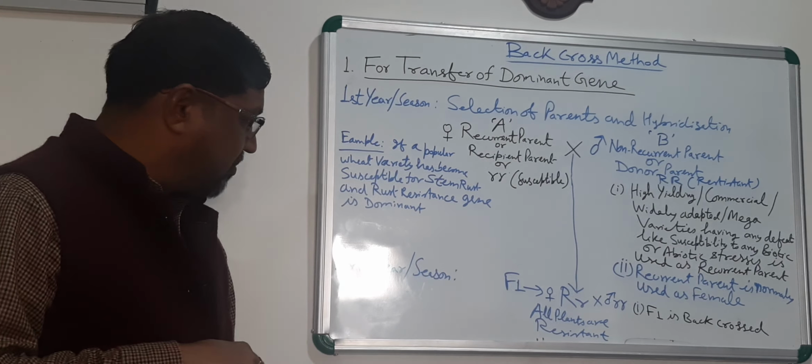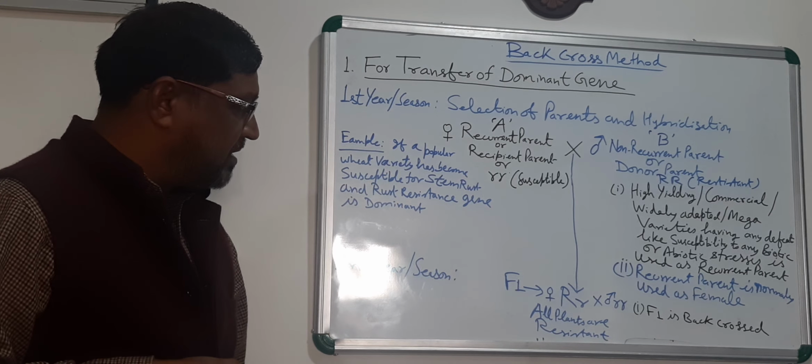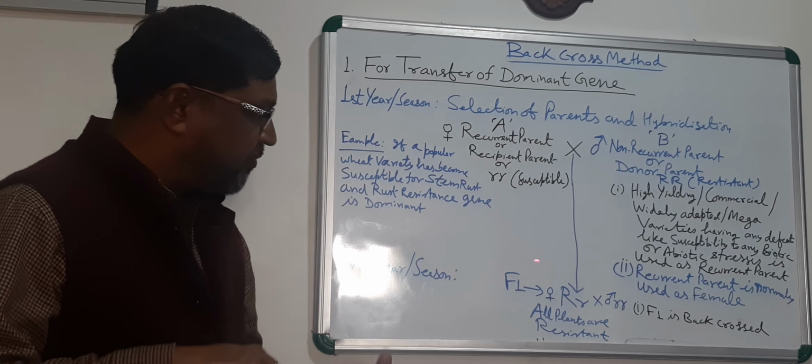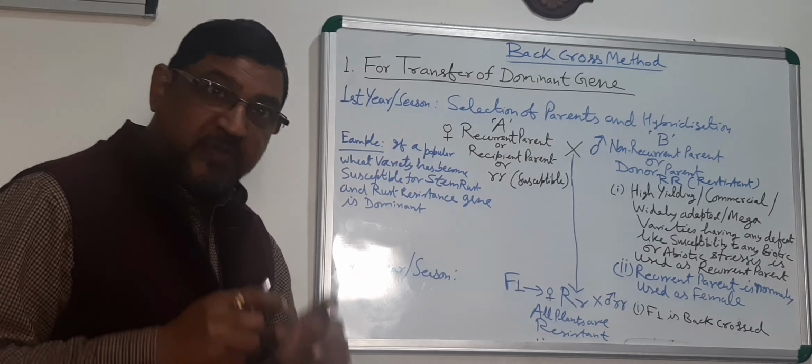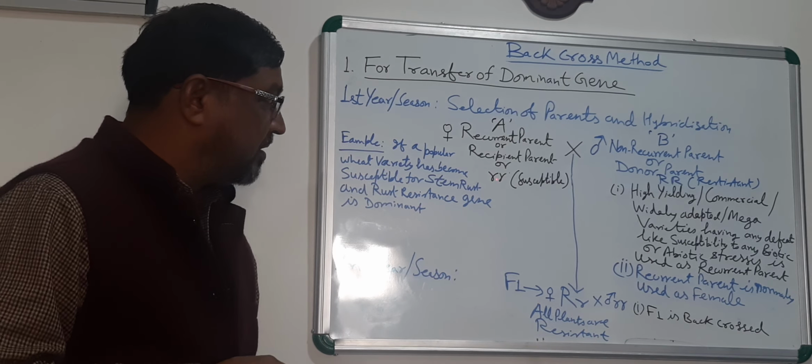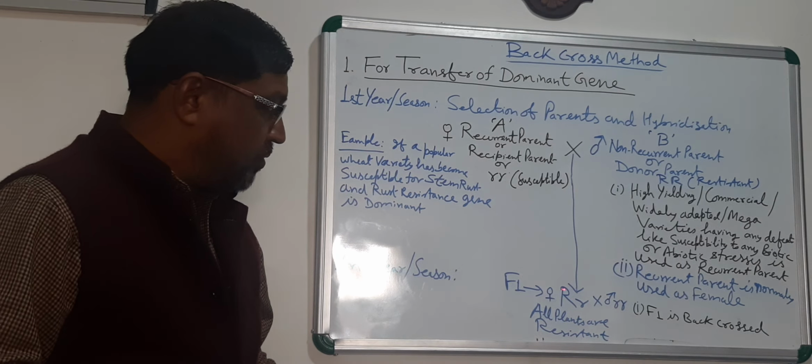In the second year or second season, you are growing F1. If you are growing F1, you see this resistance is governed by capital R. This mega variety is small r for that disease. So in F1 you are going to get capital R, small r for that gene which you are interested to transfer.